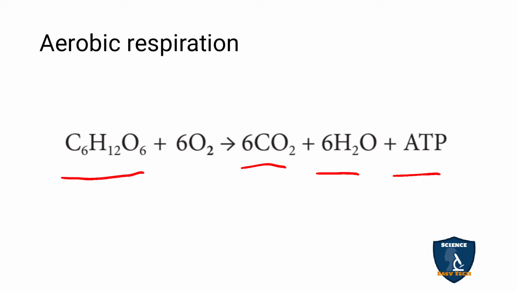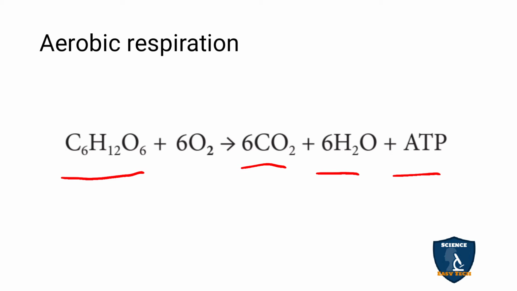So in aerobic respiration, the carbohydrate food is oxidized to give carbon dioxide and water plus ATP. This process is called respiration. For this process oxygen is needed, so it is called aerobic respiration. Keep it in mind: aerobic means presence of oxygen, pure air.